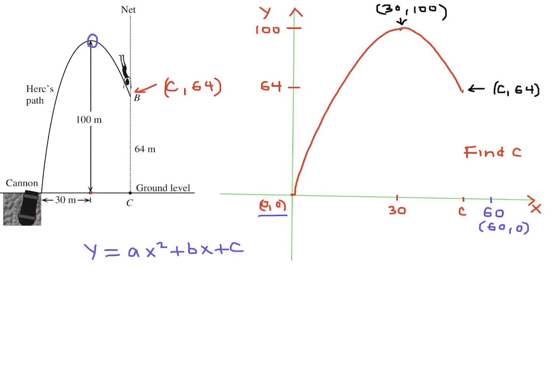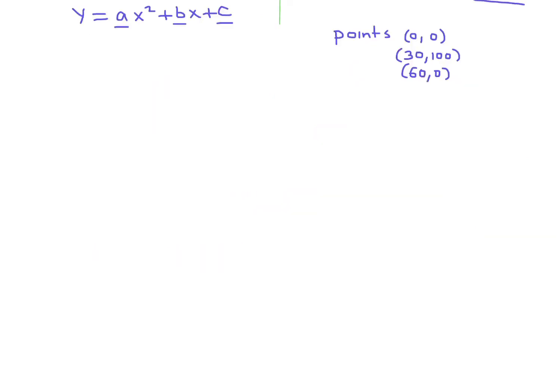So we're going to use (0, 0), (30, 100), and (60, 0) to figure out the a, b, and c coefficients of our parabola formula. So first, let's substitute (0, 0), and that would give me 0 plus 0 plus c, and therefore, very quickly, c is 0.